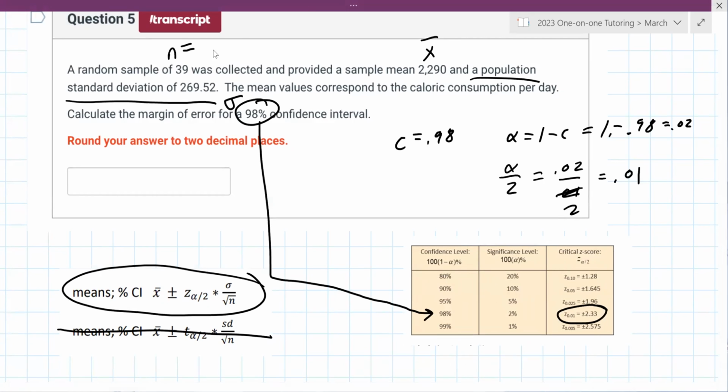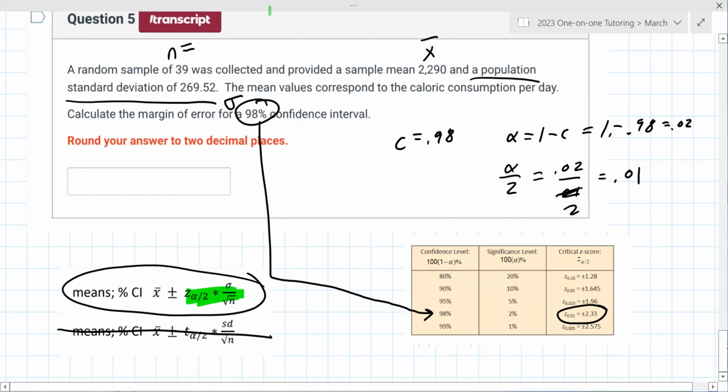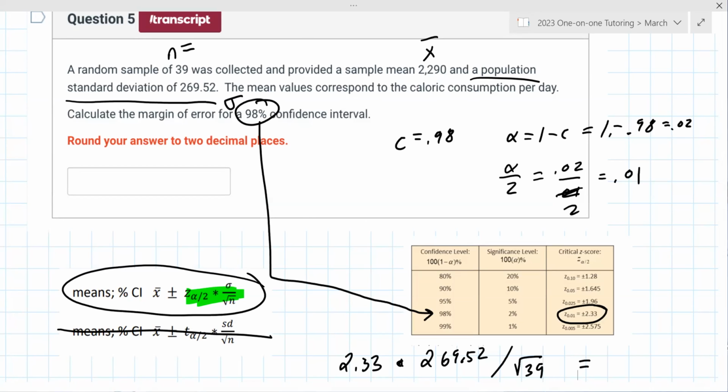So your margin of error is just the part to the right of the plus or minus. 2.33 times the standard deviation, 269.52, divided by the square root of 39. Okay. So everything up here is true.